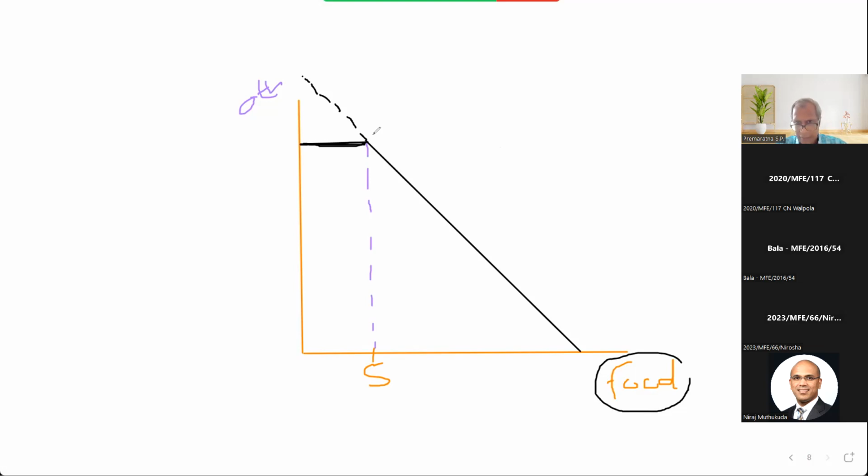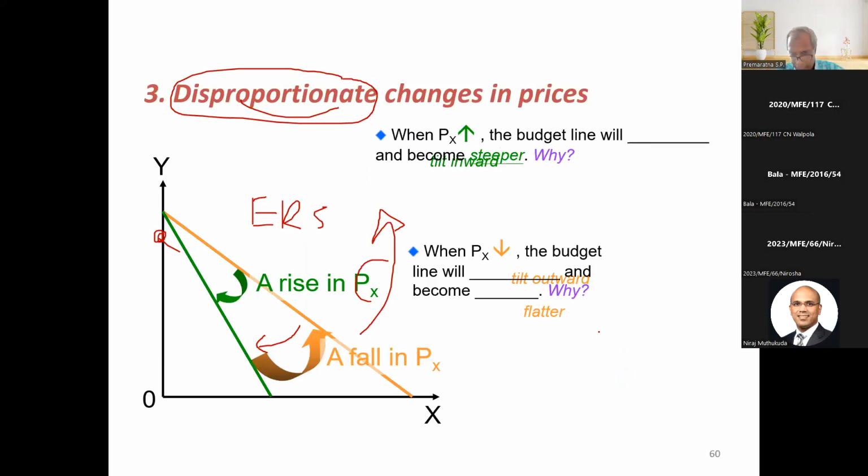Different things, like giving a discount, some items you can also look at through the budget line. So I hope you understand. And with that, look at the next.